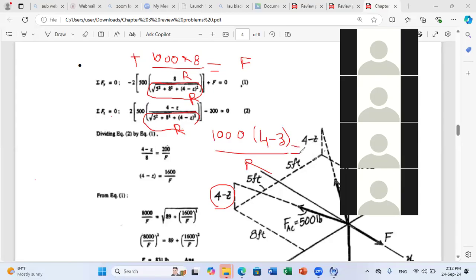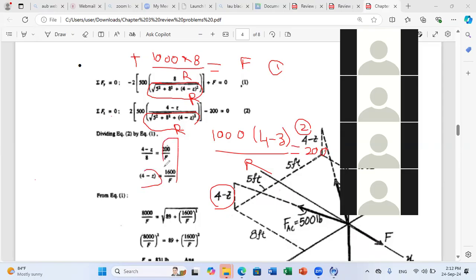So what can we deduce if we want to get rid of the radical? To get rid of this radical, I can divide equation 1 by equation 2, or the opposite. When I divide the two equations, I will get rid of the radical. And this will allow me to relate z to f.